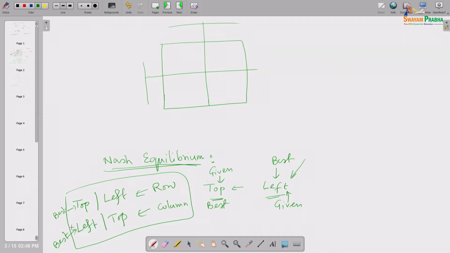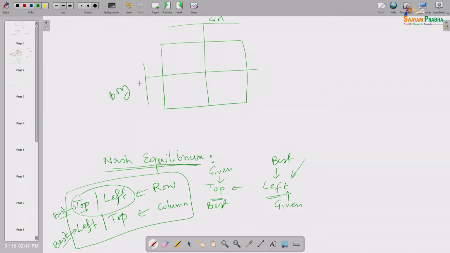So, the best strategy is top given left for the other, and the best strategy is left given top for this person. If that is the case, then top-left will be a Nash equilibrium. Top is one strategy for one player, left is another strategy from the other player. So, both ways it should be satisfied.